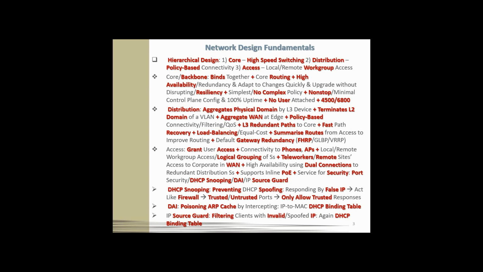Very last point here for distribution layer, remember that optionally this layer provides default gateway redundancy by using first hop redundancy protocol FHRP, such as HSRP, hot standby router protocol, and then GLBP, gateway load balancing protocol, and VRRP, virtual router redundancy protocol.